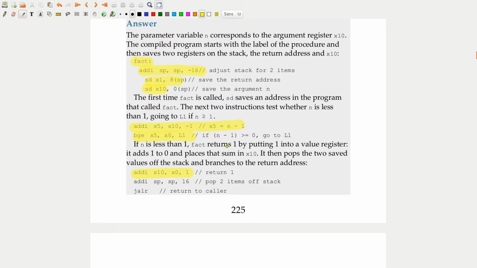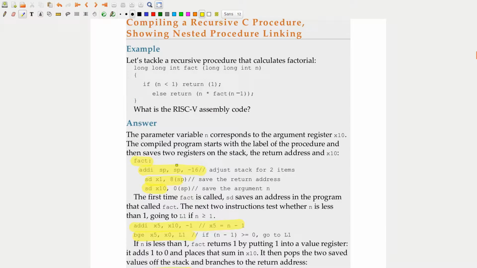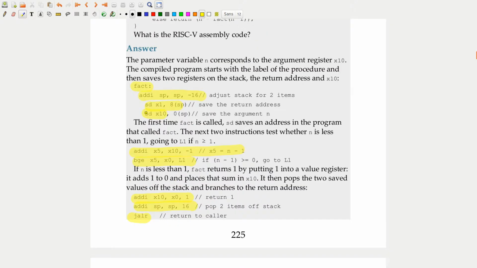If n is less than 1, fact returns by putting 1. When you normally do a program that calculates a factorial, you stop when you reach 1 if you're doing it recursively. Then they pop those two items off the stack, and then they go back to the caller, whoever called factorial.